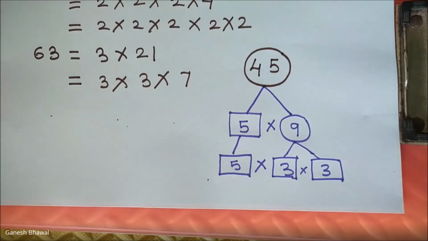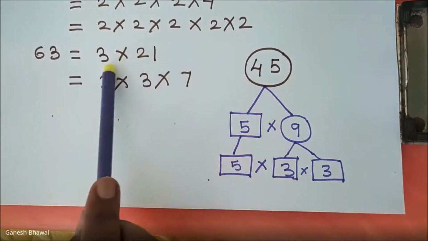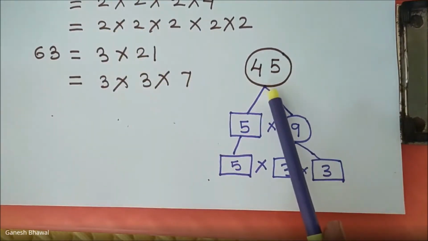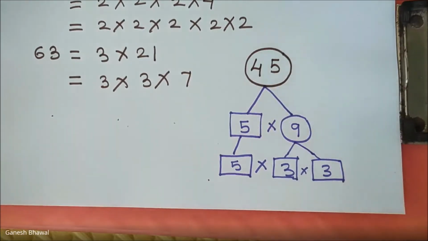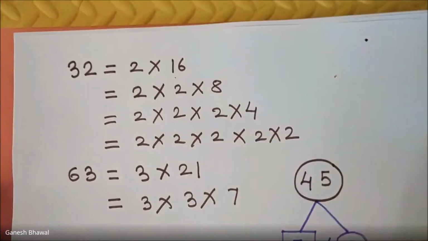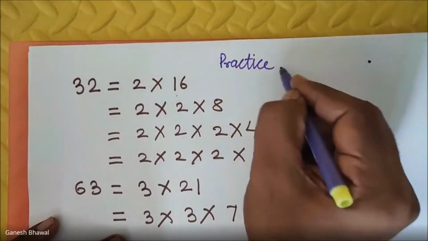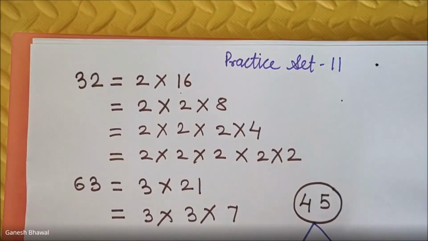So I have taught you two methods. First one, horizontal arrangement, or the box and circle arrangement. Write down practice set 11. First number is 32.